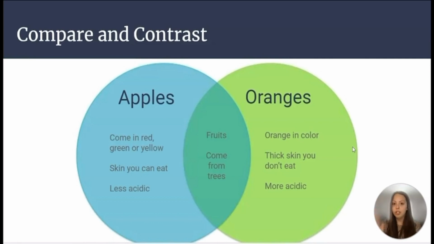On the orange side, orange in color, thick skin that you don't eat, and then they are more acidic. And in the middle, how they are alike is that they are both fruits and they both come from trees. So you have how one thing is different and another thing is different, and then in the middle is how they are similar.